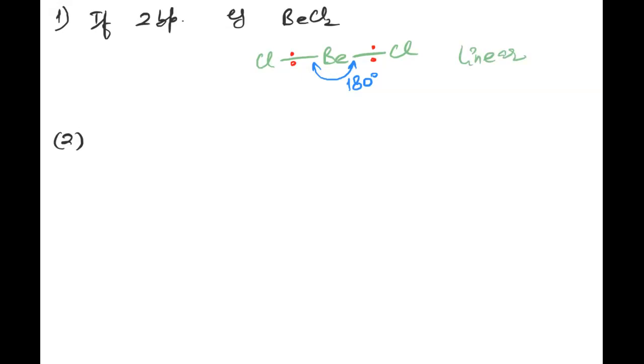Second, here we can have two possibilities. Second A: if we have three bond pairs of electrons, for example BF3, the possible geometry for minimum repulsion is that every angle should be equal to 120 degree each.